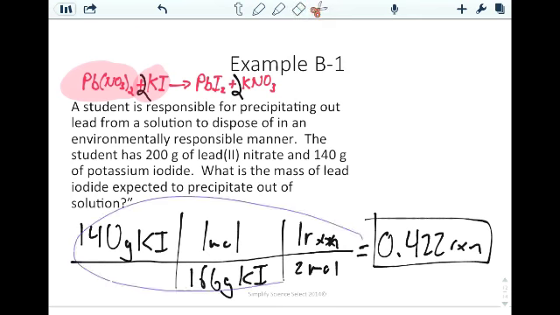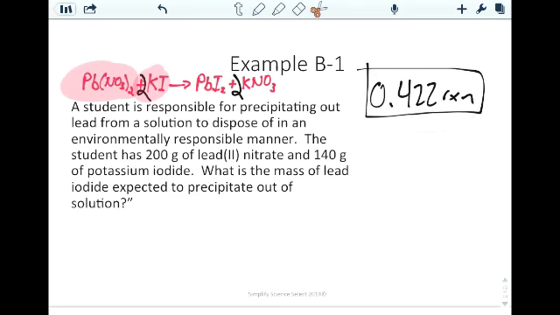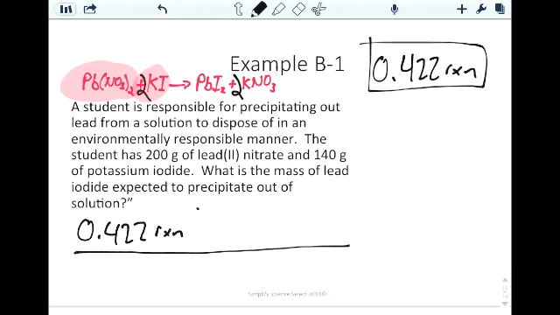Kind of move the rest of this out of the way, and we'll start with this number. Okay, so we're trying to start with that 0.422 in a reaction, and we're trying to figure out how much of our lead iodide is going to be produced.